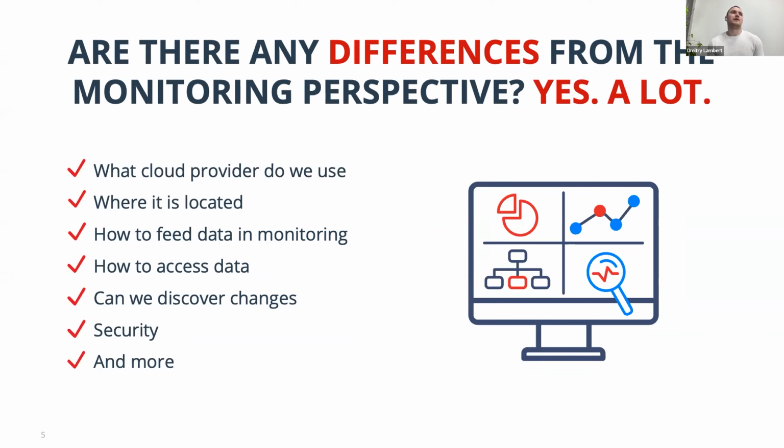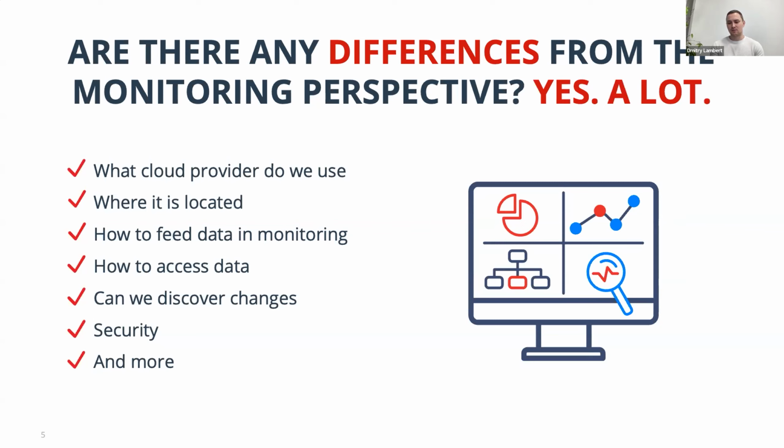Where it is located: in the on-premise case, everything could be in our office. Cloud means that it is on the internet, and we must have access to the internet, which means that again we need to think carefully about security, unless we're doing this some other way, which would be touched on in the last slides of my presentation.